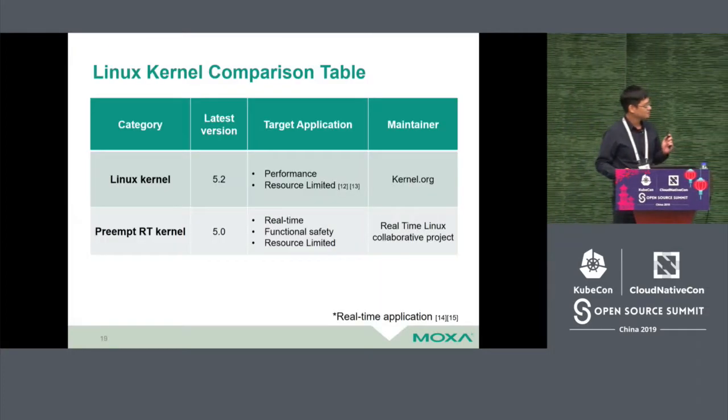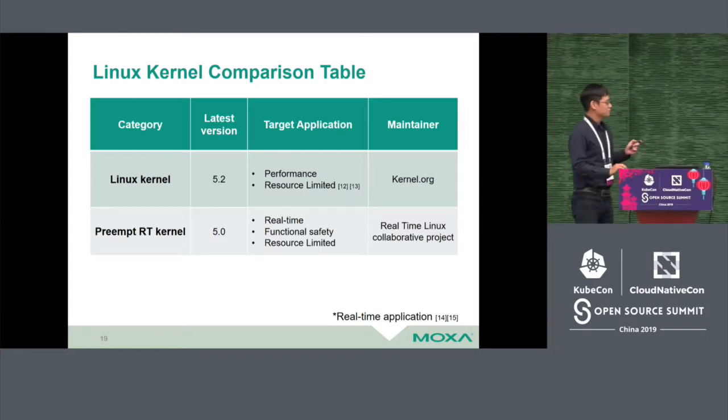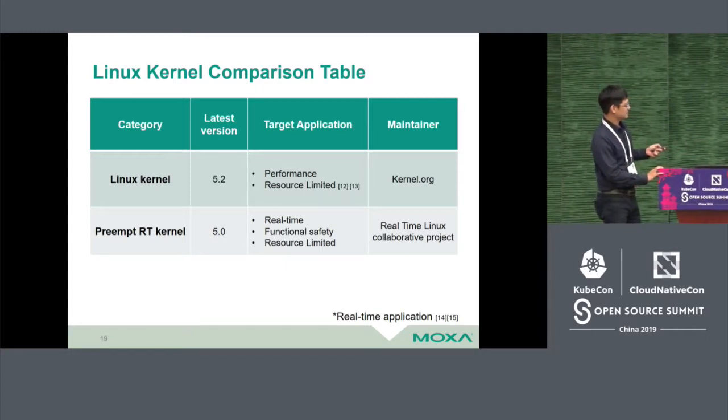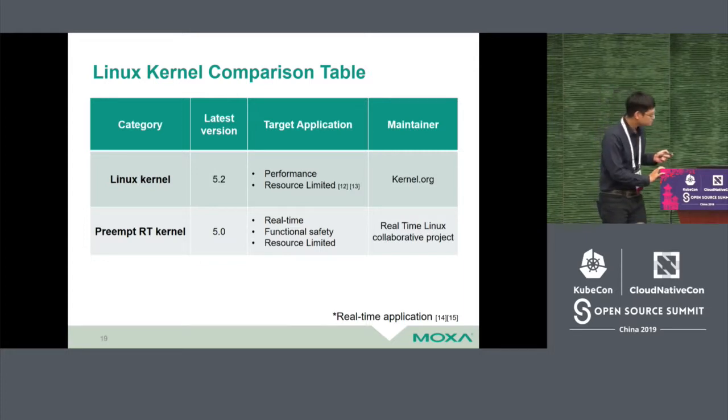For the kernel, there are two main kernels. The first is the Linux kernel, and the second is the PREEMPT_RT kernel.